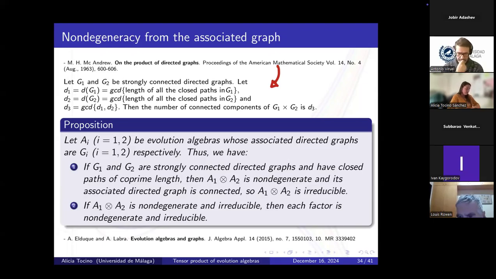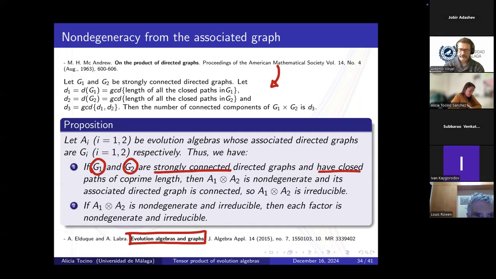And we used these results and more things from evolution algebras and graphs by El Duque and Labra to prove that if G1 and G2 are strongly connected directed graphs with closed paths of coprime lengths, then the tensor product of A1 and A2 is non-degenerate and its associated directed graph is connected. So we also have that A1 tensor A2 is irreducible.